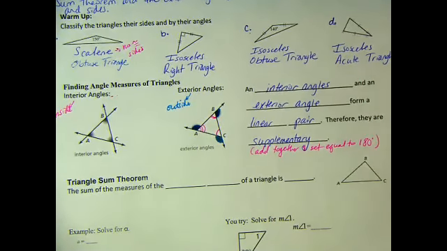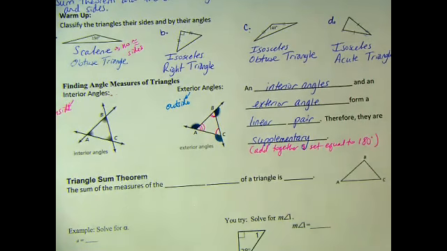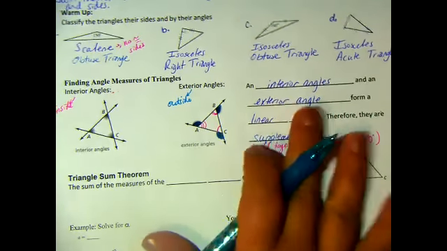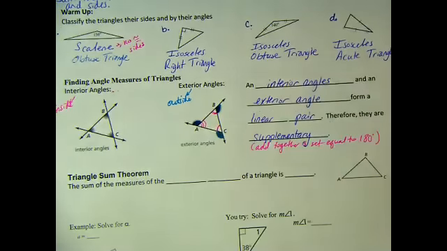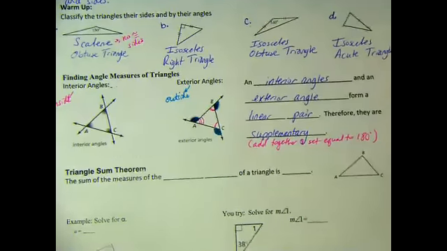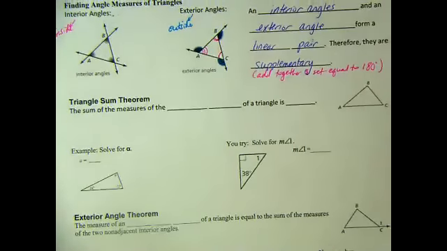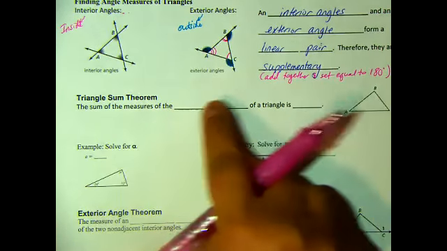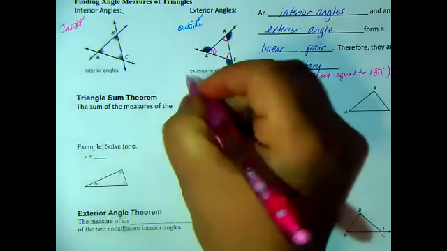So this brings us to our first theorem. This actually is not a theorem, this is just a truth about interior and exterior angles. Our first theorem is the triangle sum theorem. The triangle sum theorem says that the sum of the measures of the interior angles.